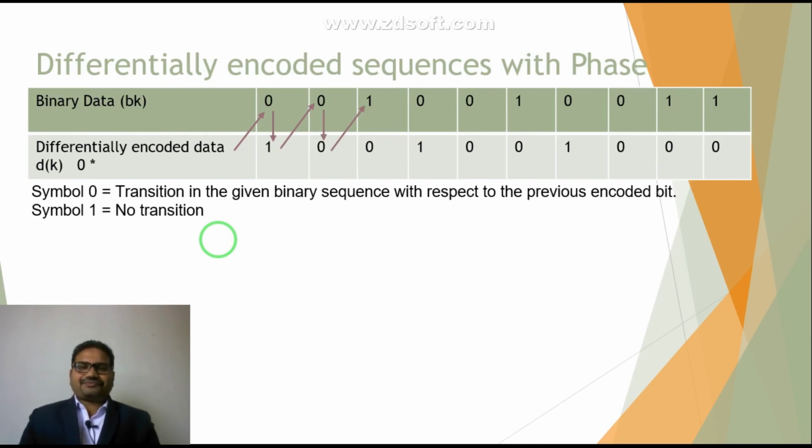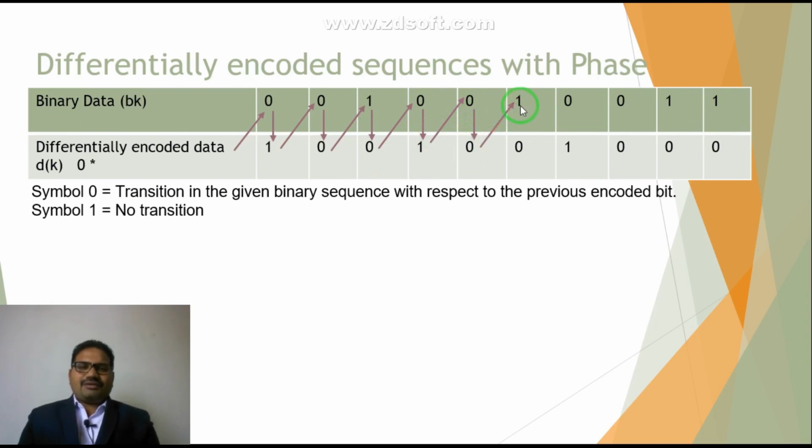Similarly, the next binary input is 1, and its previous encoded bit is 0. So what would be the output? The output would be 0. Similarly, no transition gives symbol 1. There is a transition, so the output is symbol 0.